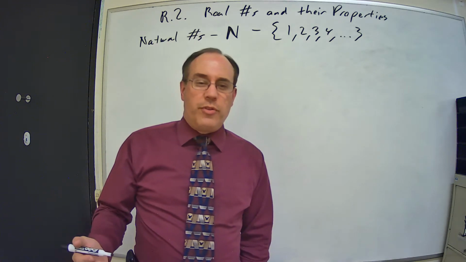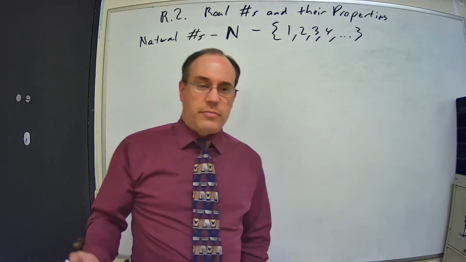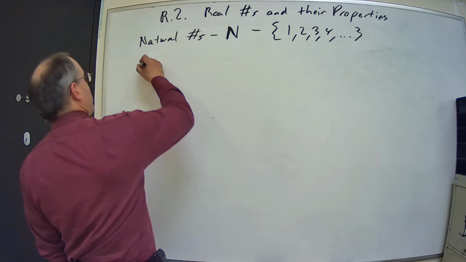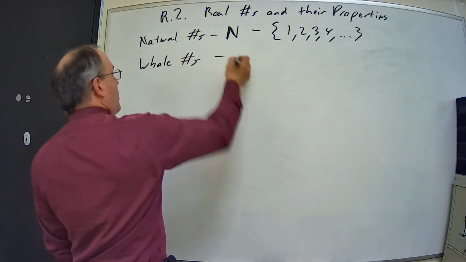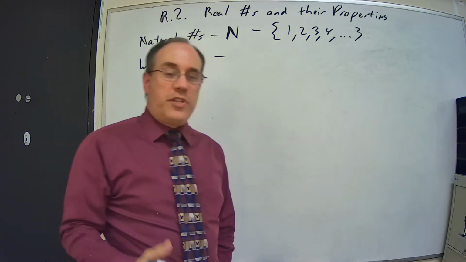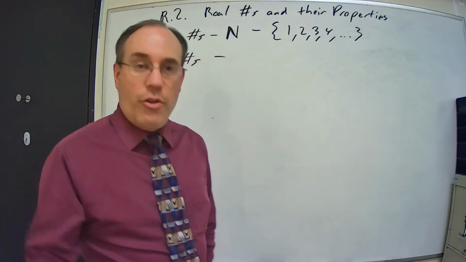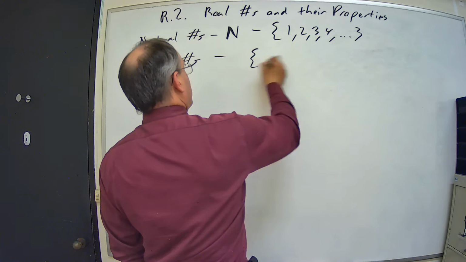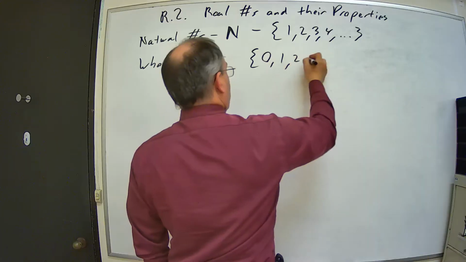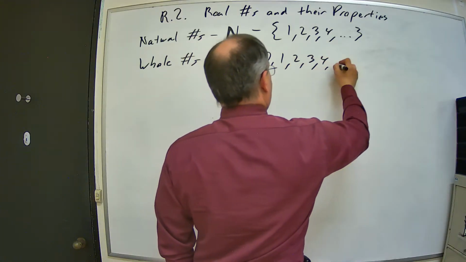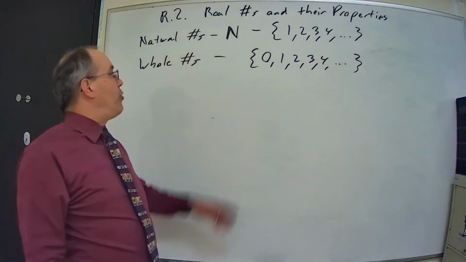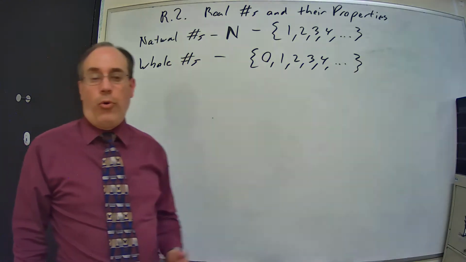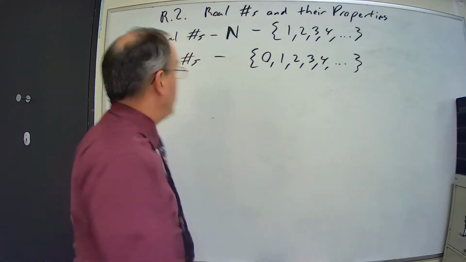Another one that we should be familiar with are whole numbers. Remember, your whole numbers are just your natural numbers and 0. So your whole numbers, and no, we don't have a special capitalized or bolded letter that we use for that.